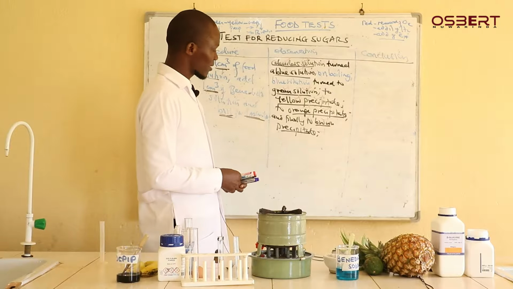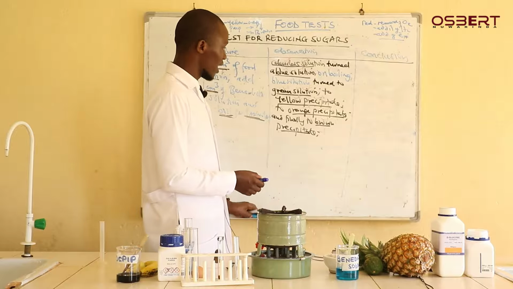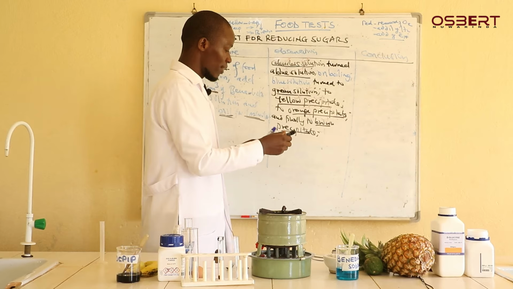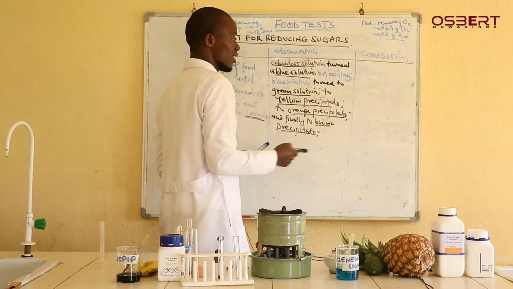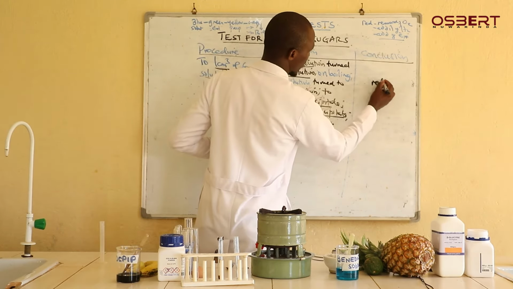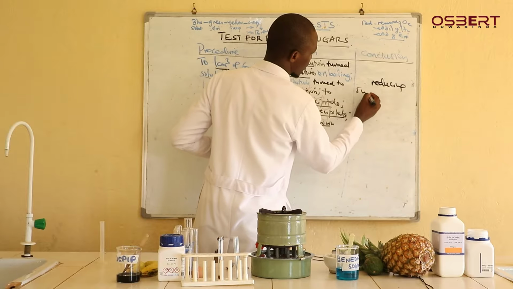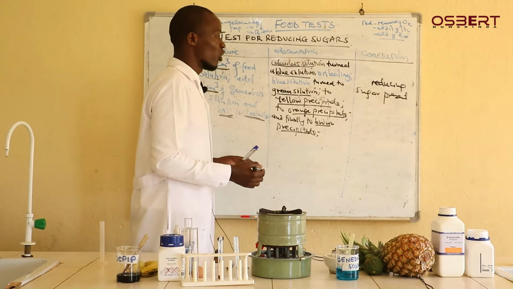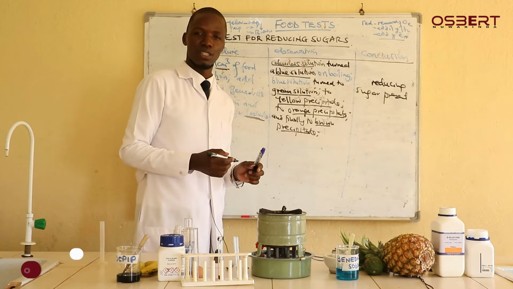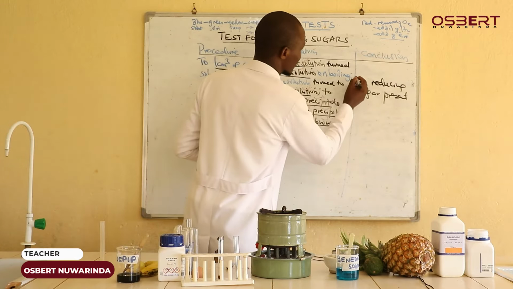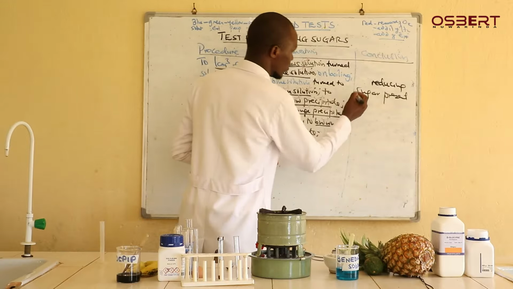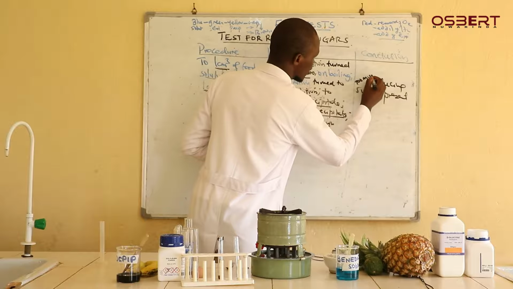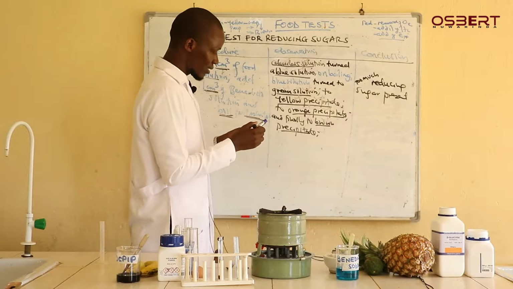In case what you have boiled has come up to this point, and you have got all these colors up to brown, then your conclusion must be, somebody might just say, reducing sugars are present. But I told you that we want to know how much of the reducing sugars are present. Because we have got up to brown, you are supposed to say that too much reducing sugars are present.